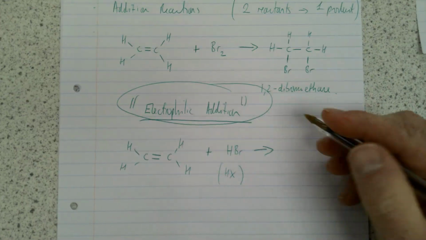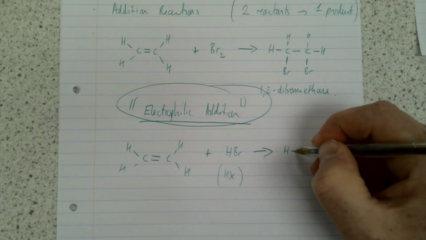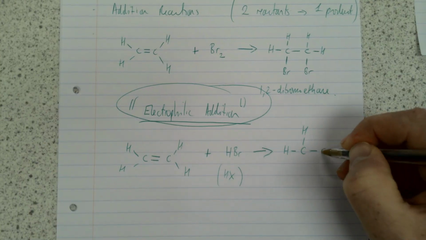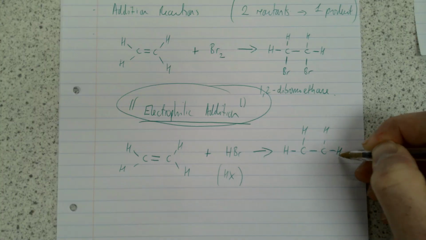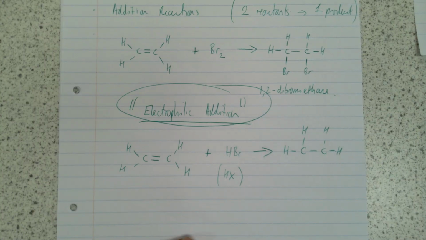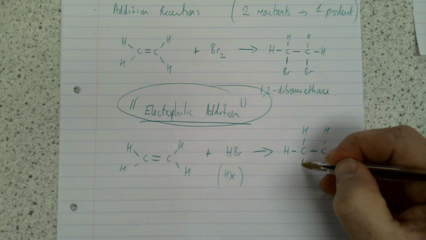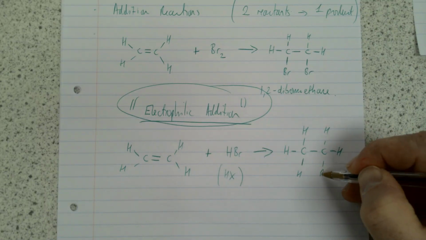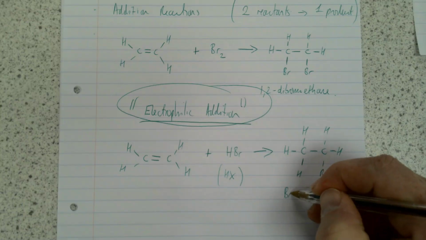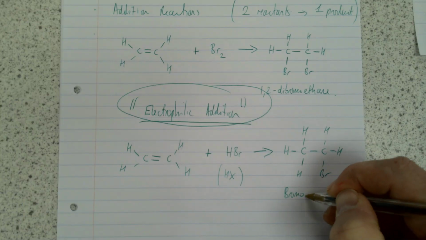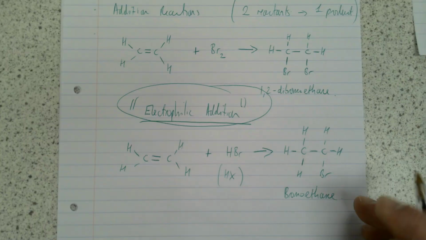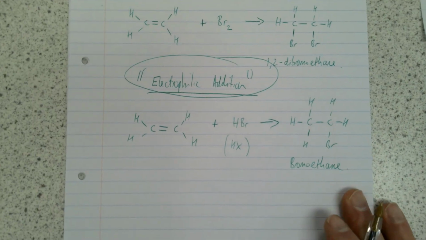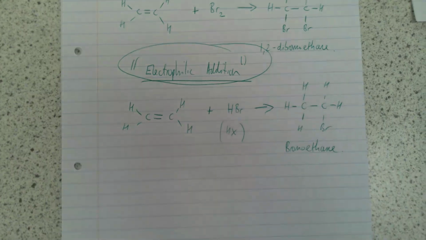And what you end up with is 1,2 addition again, exactly the same. So you get the 2 carbons with the 4 hydrogens in the same place they were originally, but then the H goes onto one carbon and the Br goes onto the other, and this stuff is called bromoethane. Exactly the same reaction with a very similar mechanism, which we'll learn next year.